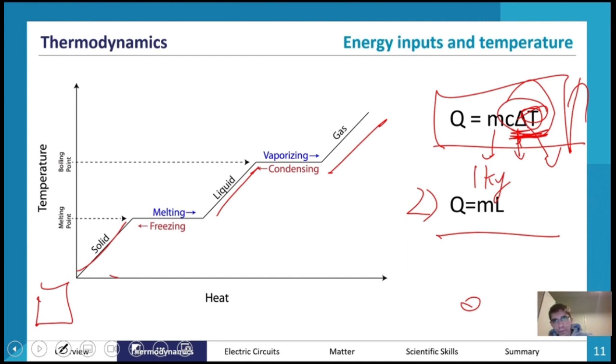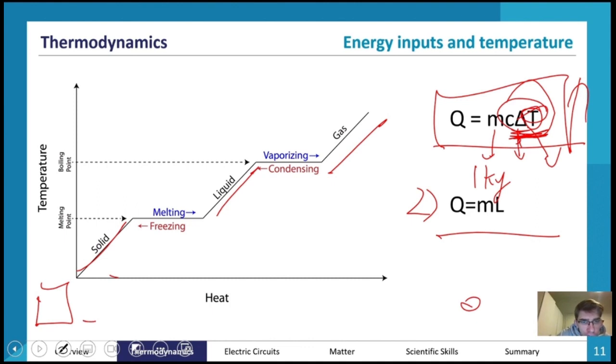Temperature can reflect whether an object has a lot of thermal energy or not. So if an object is really, really hot, obviously it has a lot of thermal energy, and if it's really cold, it doesn't have that much.